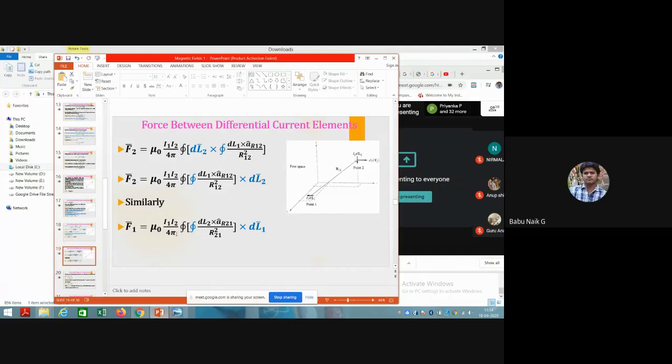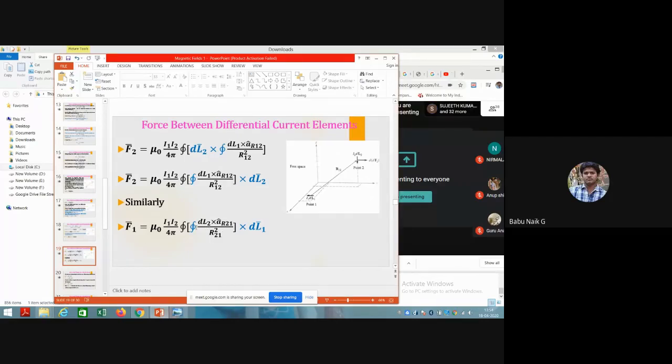Actually, we can apply this in electric circuits, where we have a closed electrical circuit, and the current flowing through each of the branches, I1, I2, and the lengths of the differential elements dl1 and dl2 and the distance here.